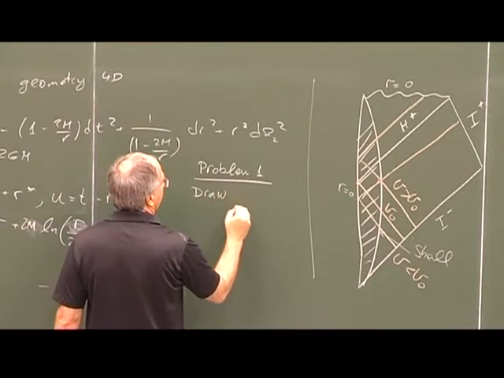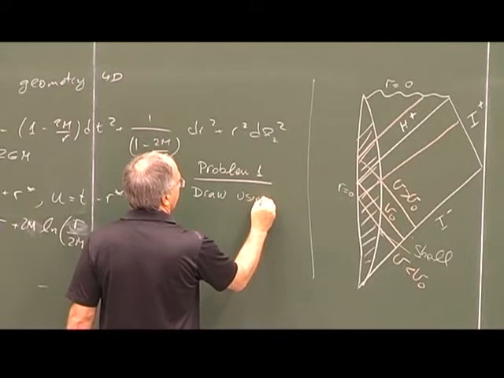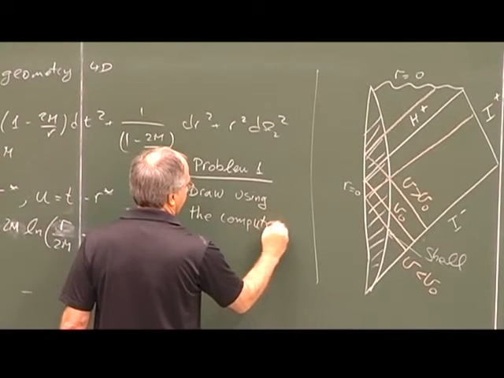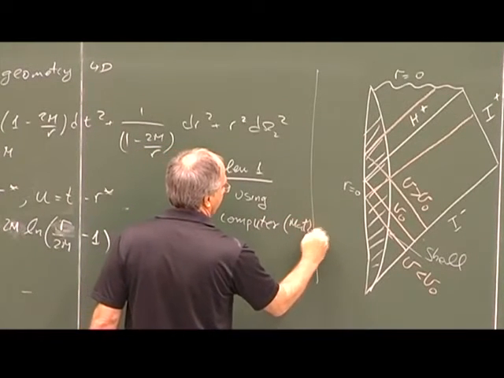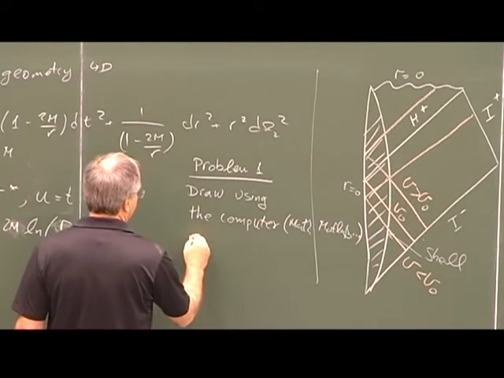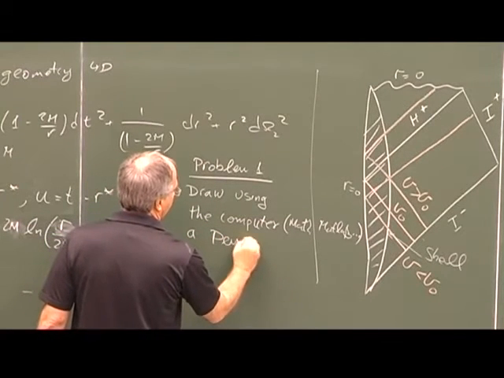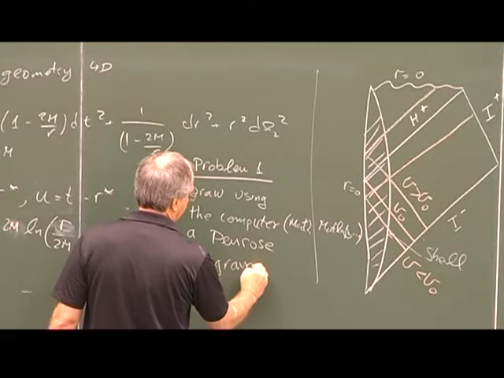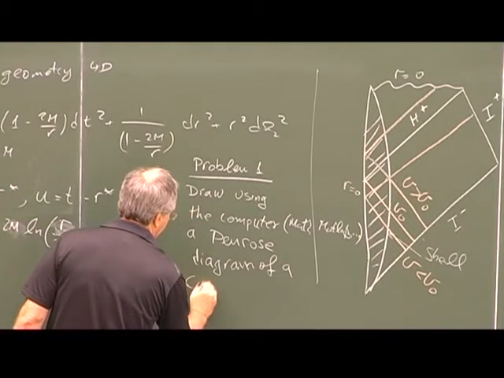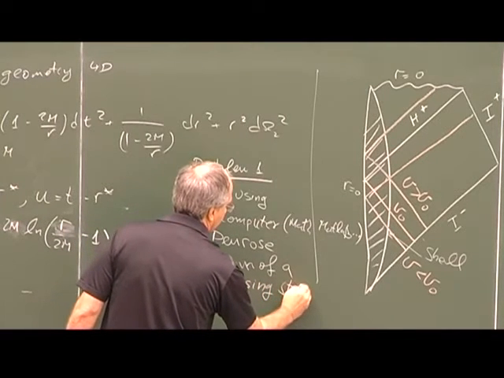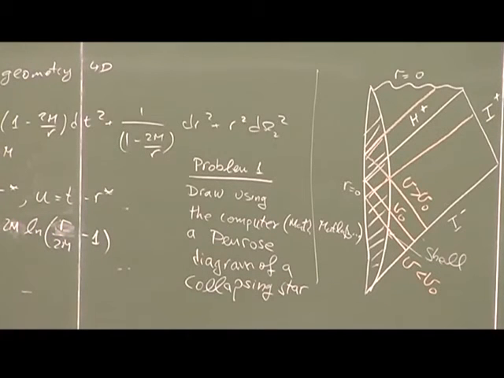Draw. So the problem says draw a Penrose diagram of a collapsing star, not a shell.